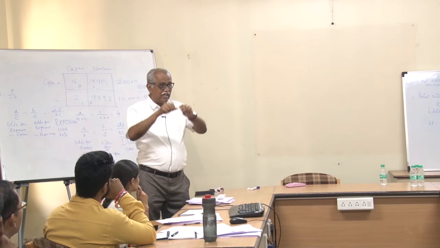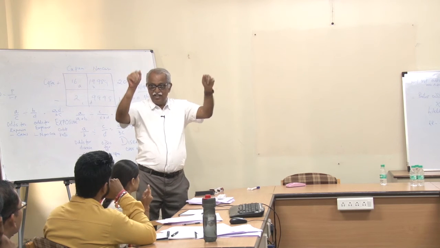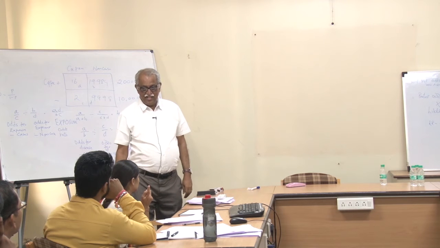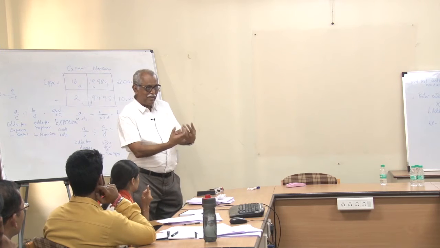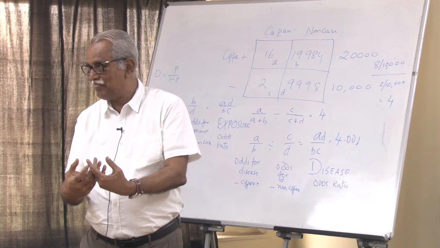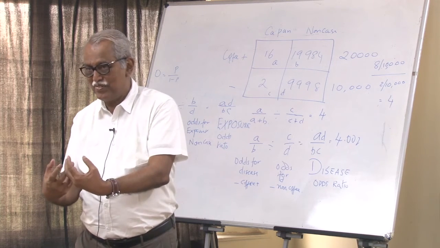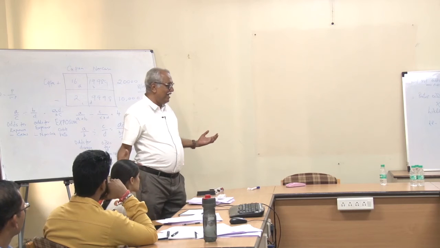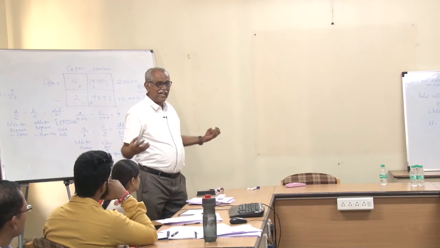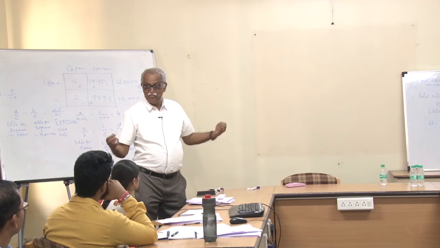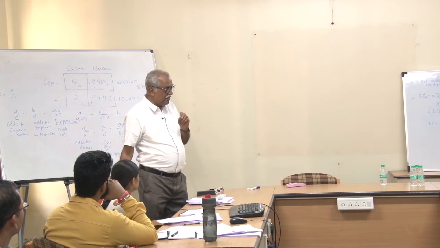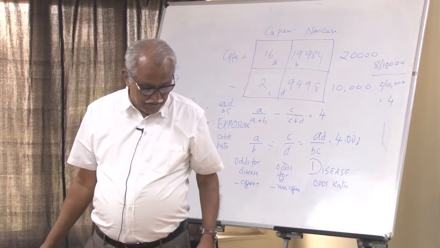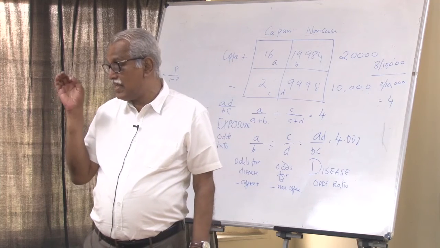Or if you are smart, you say, let the cohorts move. As the cases emerge, I'll pick them up. And I'll have controls. And there, I have exactly the same result with much less effort. So that is the brilliance of case control design, because it does exactly the same job as a cohort, but more efficiently.